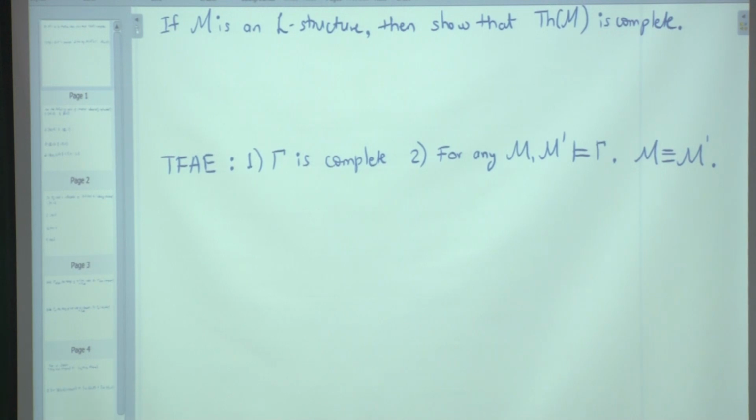Because for a given structure, what is the theory of M? So recall, the theory of M is defined to be all those sentences such that they are true in M.